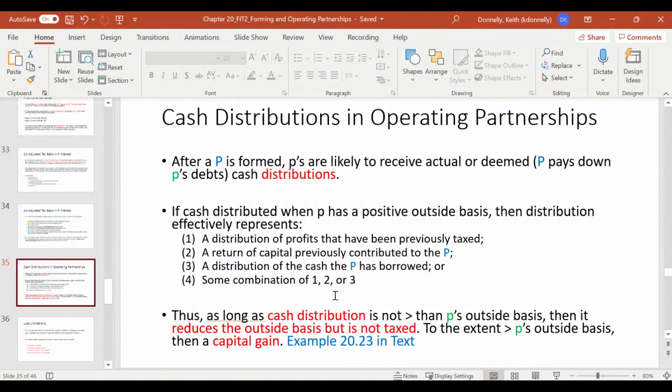So let's say you have an outside basis of $50, and the partnership pushes out a distribution to you of $80. Well, we know what's going to happen here: we reduce our outside basis to zero. We can't go negative, but we're going to have a $30 capital gain, because our basis is 50, but you gave us something worth 80.